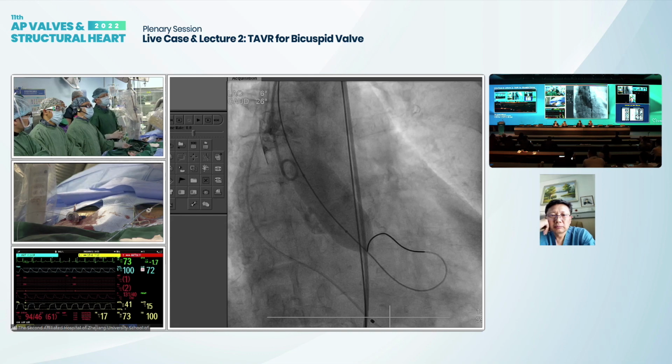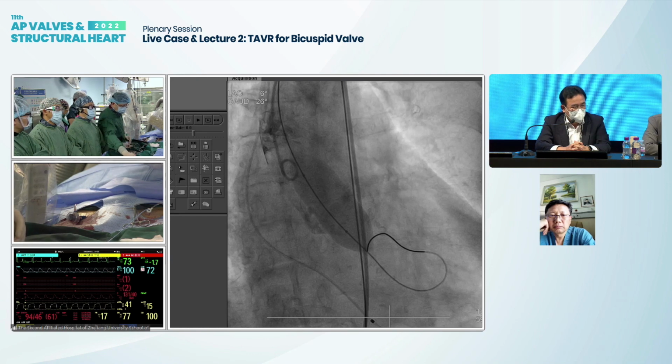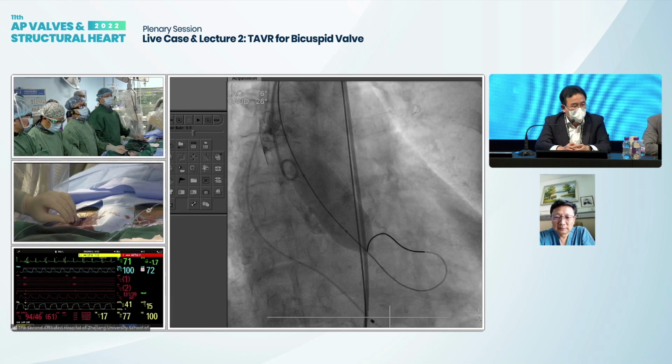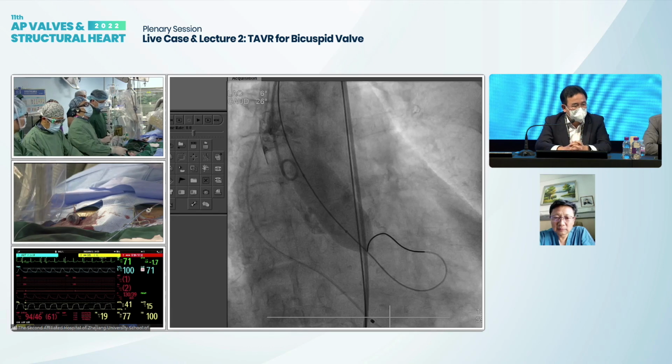Yes, okay. I also agree that sizing the THV 26 may be good, but I'm not very familiar with the Venus A system. How high is the radial force compared to other self-expandable valves?